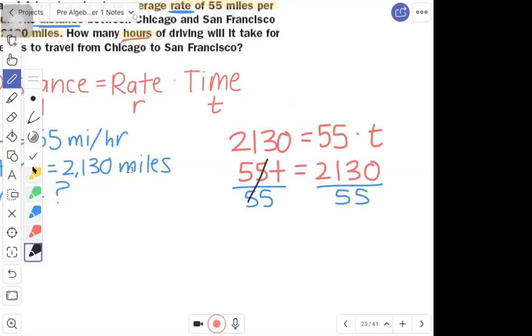And do you have a calculator? What will 2,130 divided by 55 be? It says 38 and 8/11. Does it give you a decimal form? Yeah, 38.72. Nice. Yeah, good.